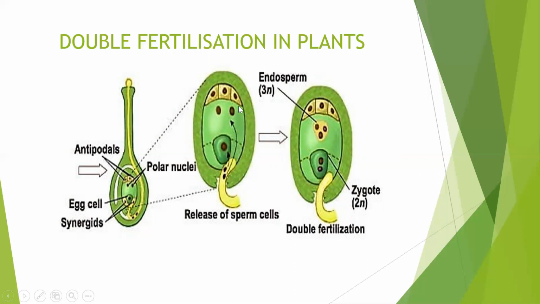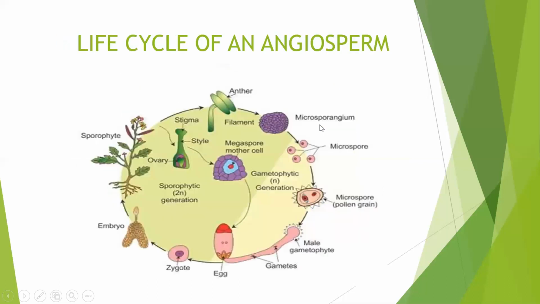It fuses with the 2 polar nuclei to form endosperm, and this fusion is known as triple fusion. Now, children, because fertilization is taking place twice in an embryo sac, one is syngamy, another is triple fusion, therefore this fertilization is known as double fertilization.